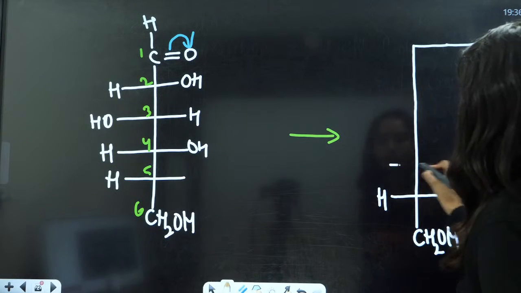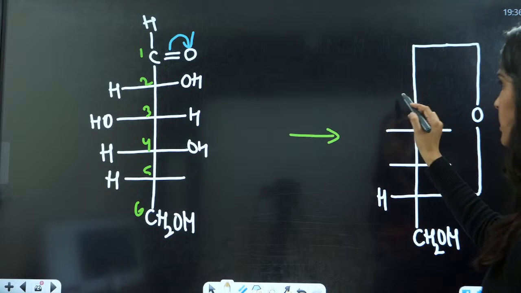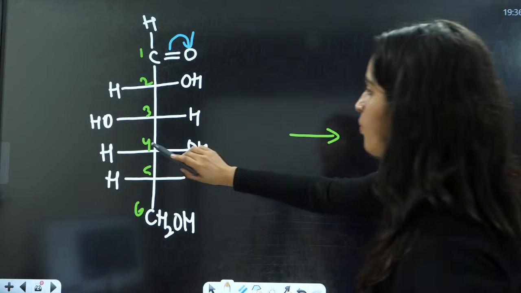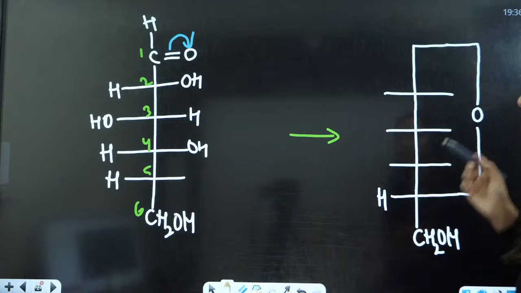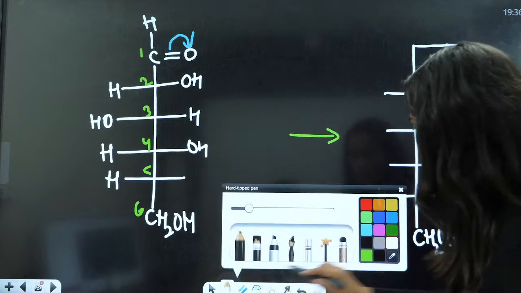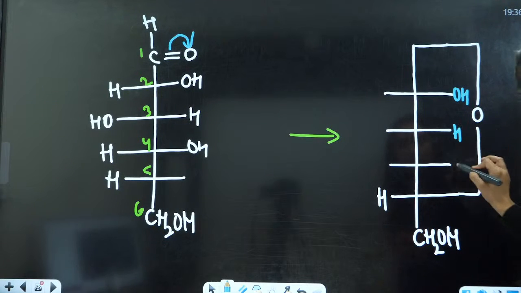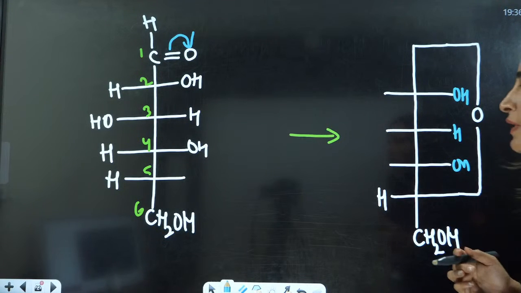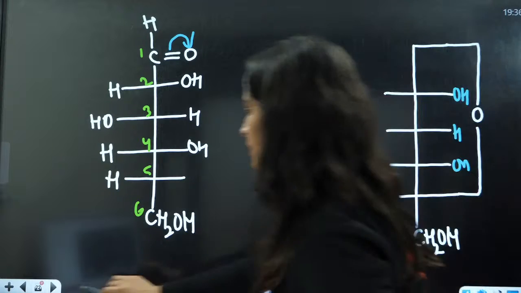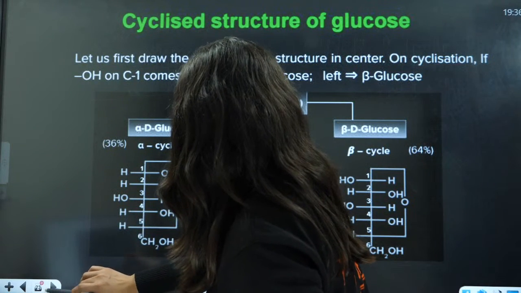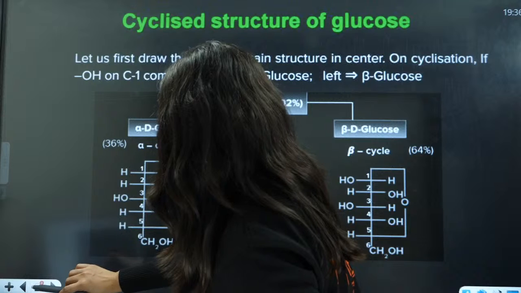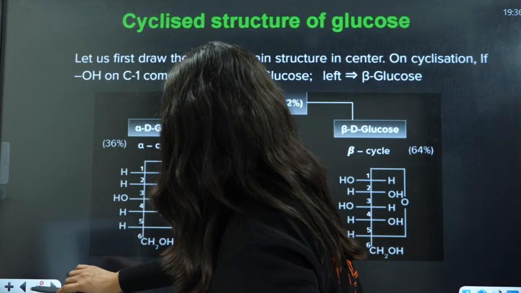Then this is 1, 2, 3, with OH, H, OH. We will define the alpha and beta here only.